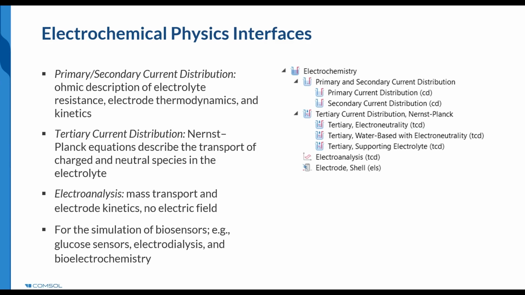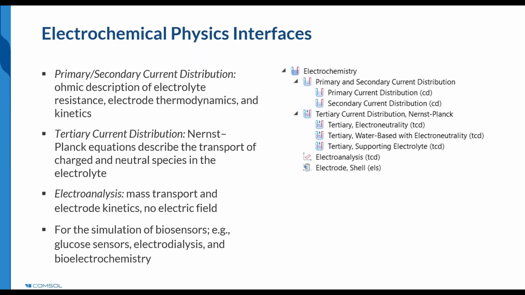Here we have a highlight of some of our electrochemical physics interfaces as well, which may be useful for some bioelectrochemical sensors. We break these down into three different current distribution interfaces.